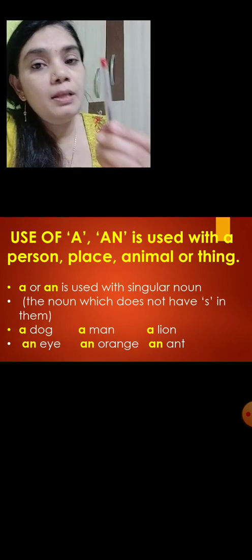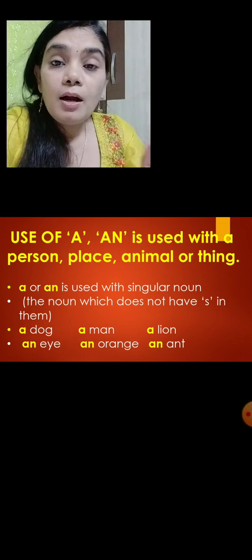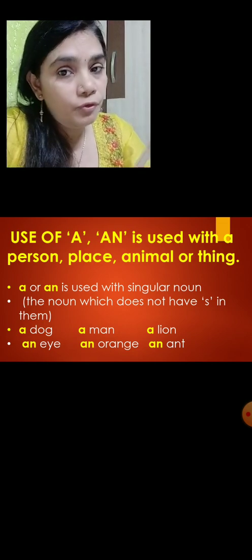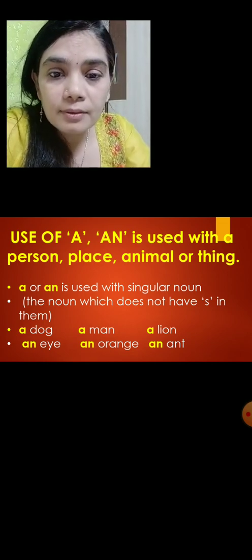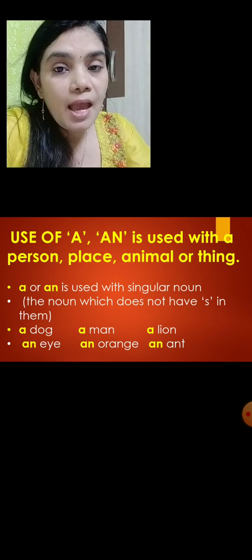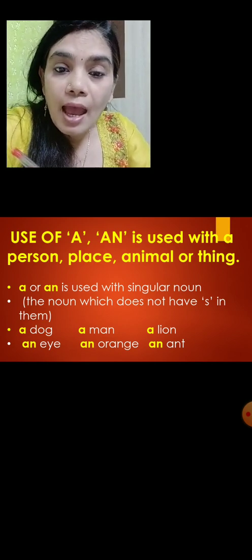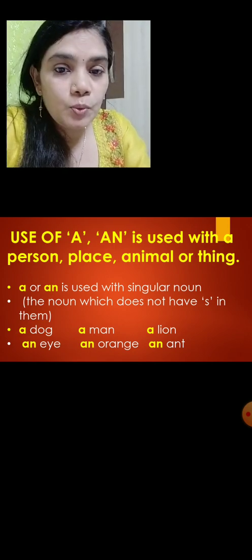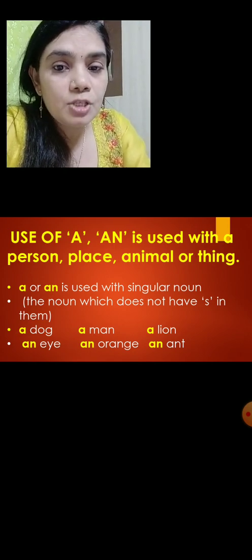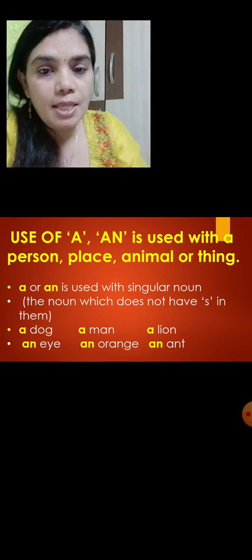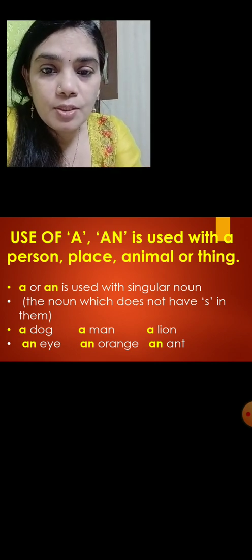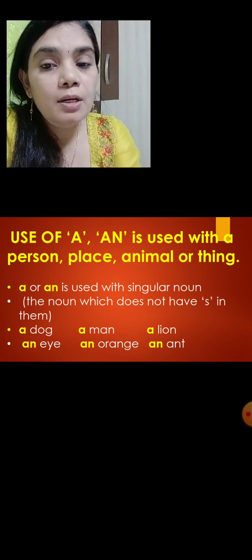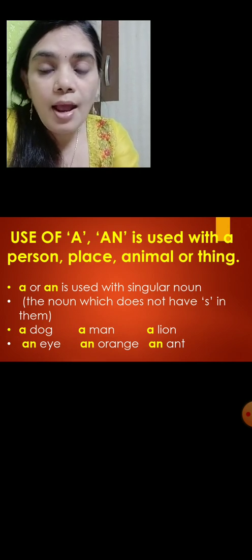For example: a pen, a book, a fan, a man, a lion, an eye, an orange, an ant. These are examples of singular nouns, and here we use a or an.